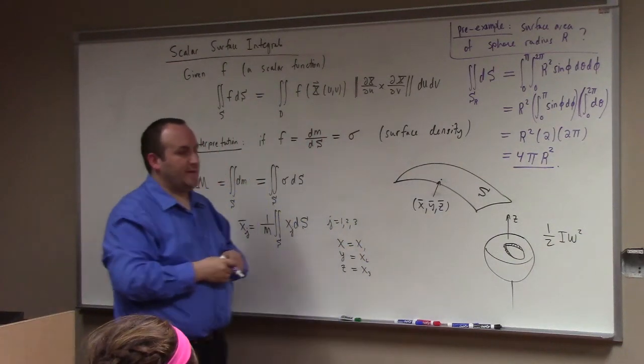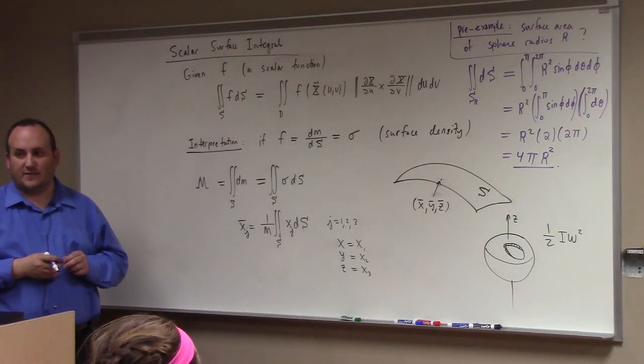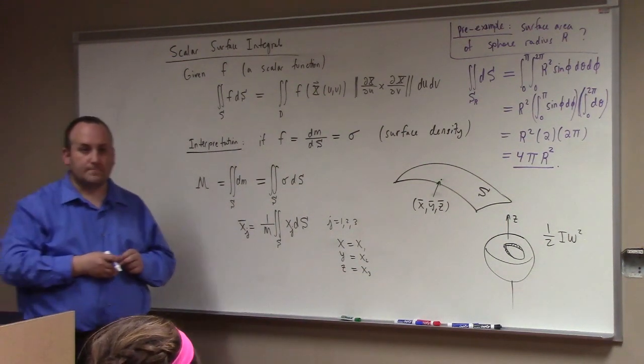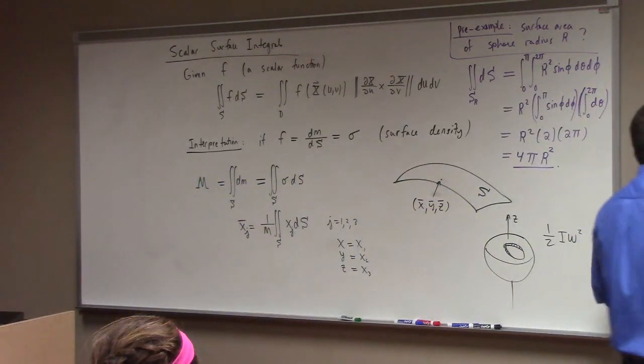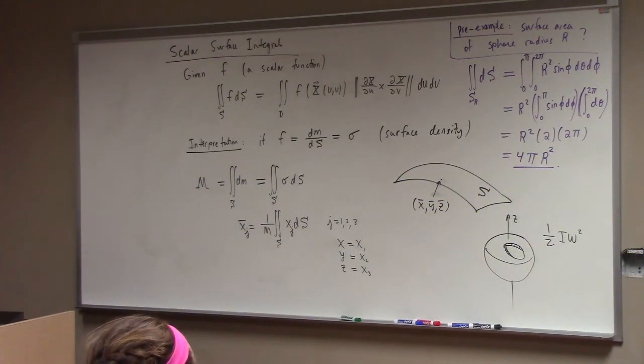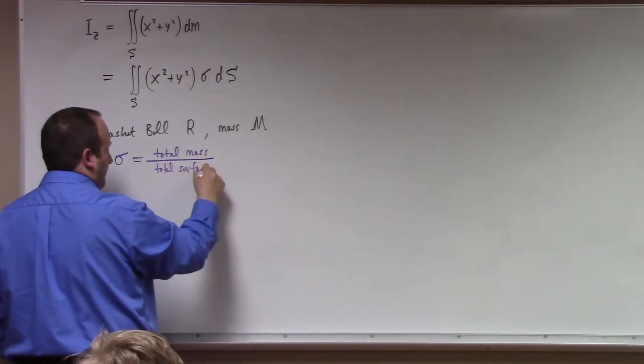I need that for my basketball example because I want to describe to you what is the surface mass density for the basketball of mass m. So sigma should be the total mass divided by total surface area.